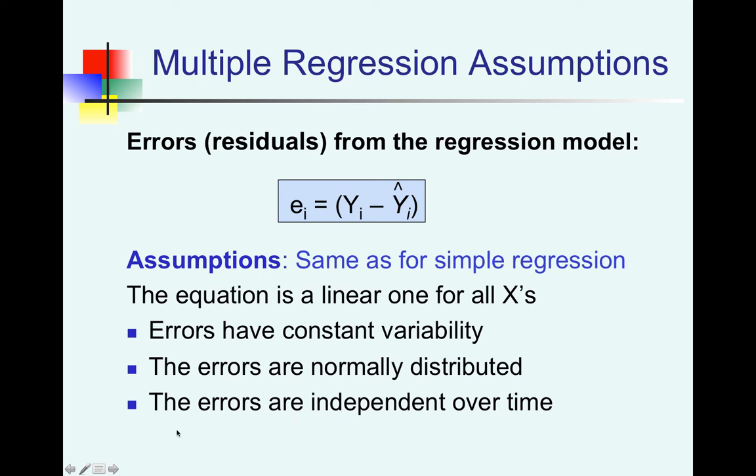The other thing we have to look at is not only that the errors are normally distributed, but that they're independent over time. This is important because in our example we collected our pie sales per week, so that was time series data. It's possible that the sales of pies are not independent over time.